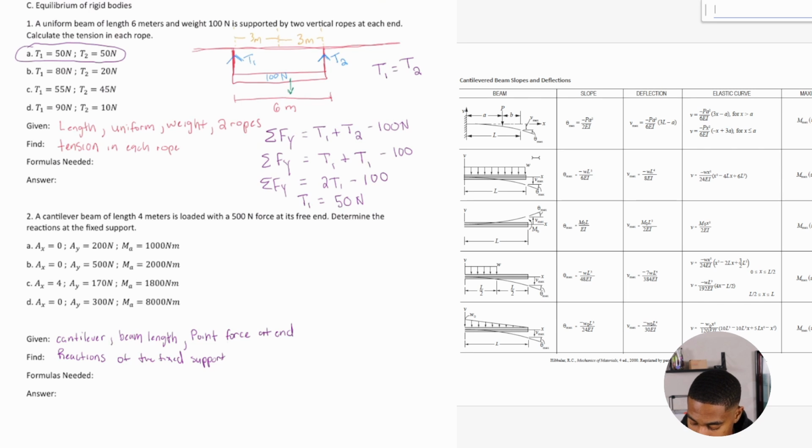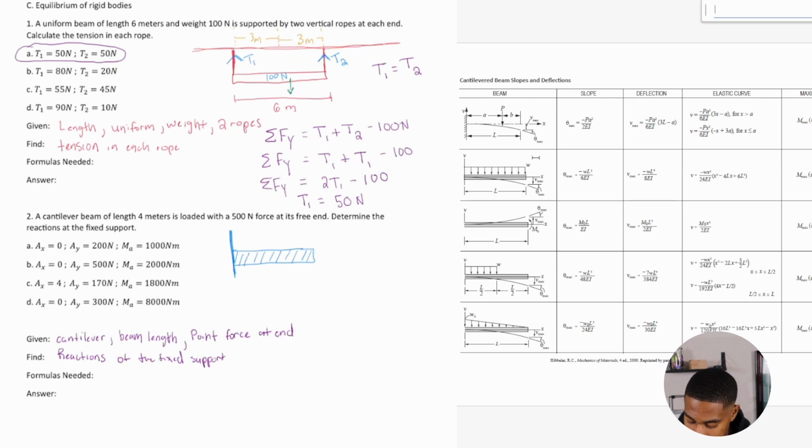Okay, let's draw this. So we know we got a fixed side here, and then we got our beam hanging off of it, right? That's a fire picture. That's my beam. Hopefully y'all like the picture too. All right, next.